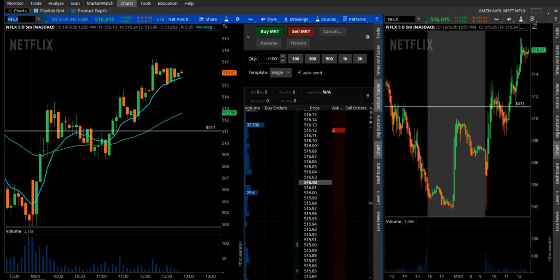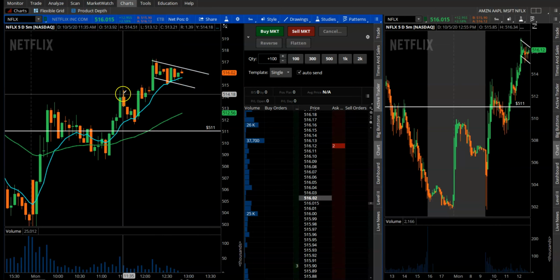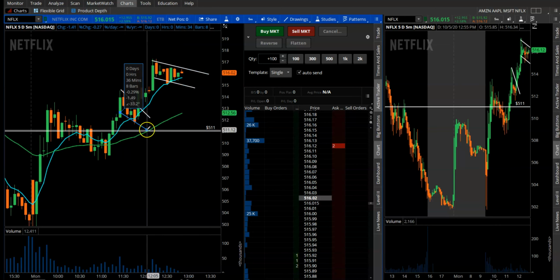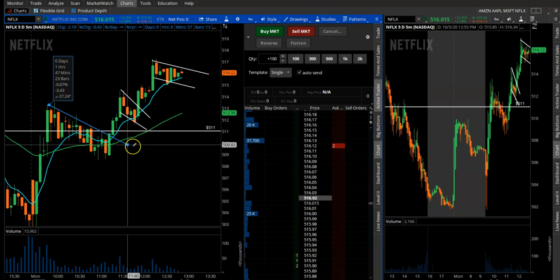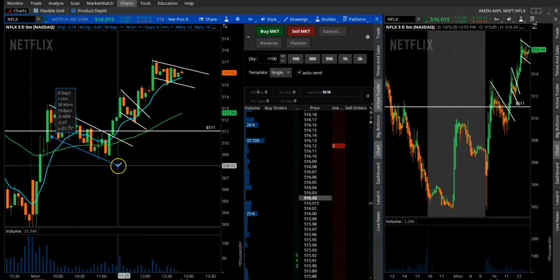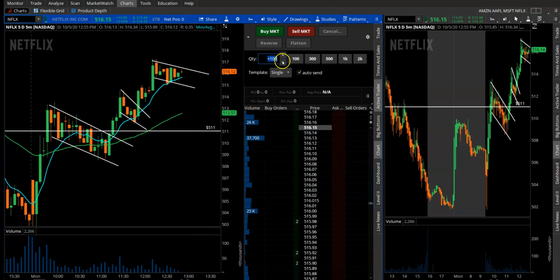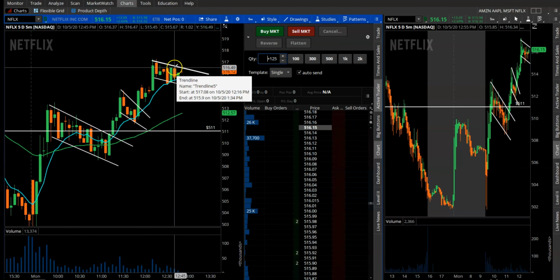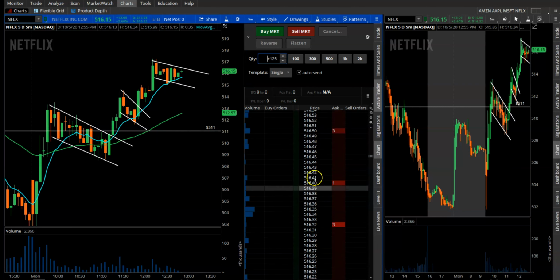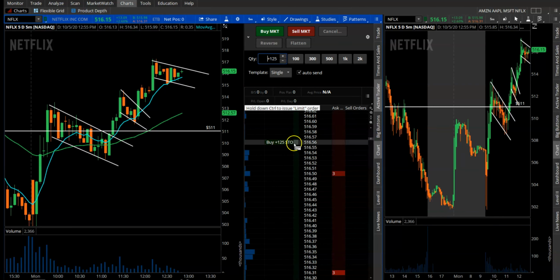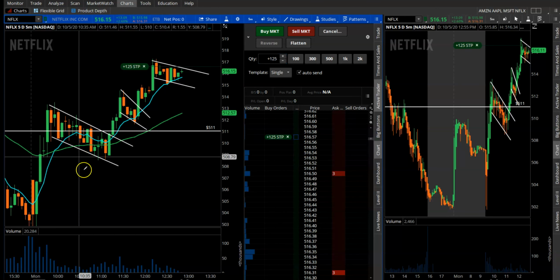Now I like Netflix here, and you can see how it's flagging right here in the short time frame. It's not a clean chart to trade. It just moves, it gives so many top wicks, bottom wicks, but well, we can try. 125 shares above 516.57.